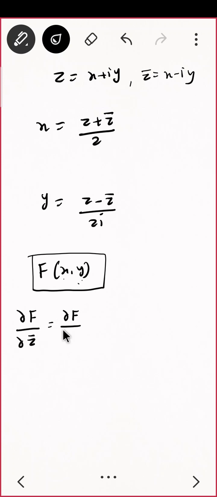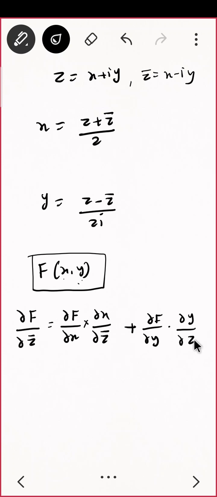That means what can I write like this? Dou f by dou x multiplied by dou x by dou z bar. Chain rule always works for us. And here also dou f by dou y multiplied by dou y by dou z bar. Can I do that? Yes. And can you tell me what is dou x by dou z bar? Here x is in terms of z bar. So what will dou x by dou z bar be?